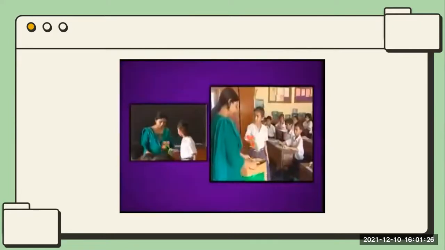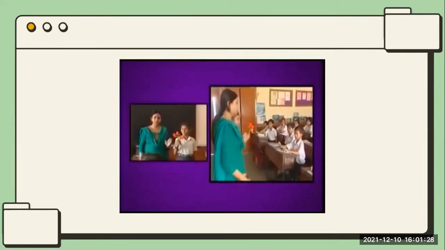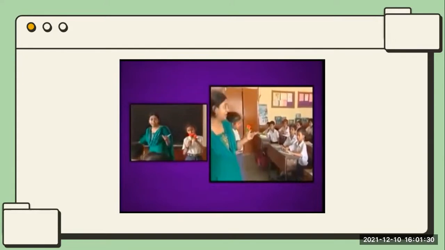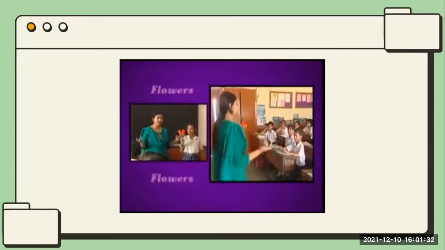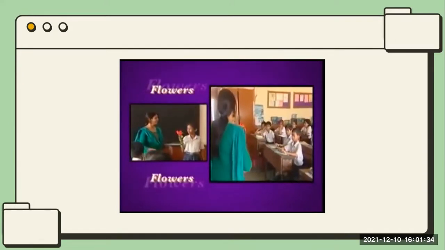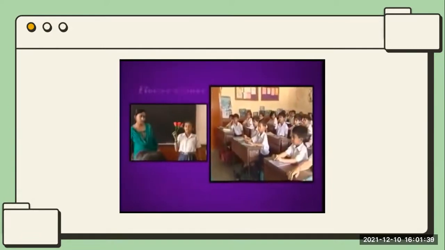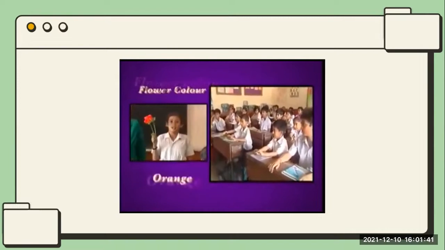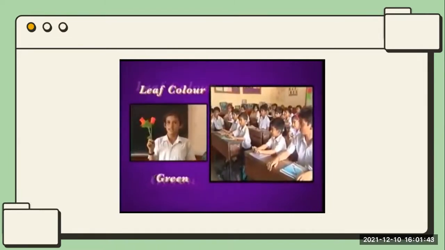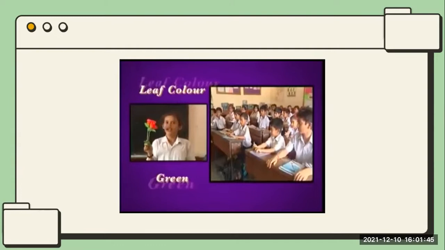Quickly. Oh, so what has she in her hand? Flowers. It's flowers. So now please tell them something about this flower. Flower color is orange, leaf color is green, and so sweet.